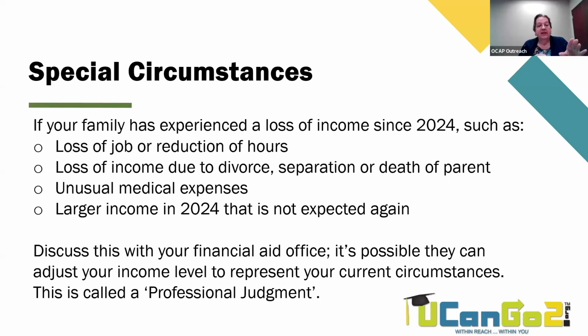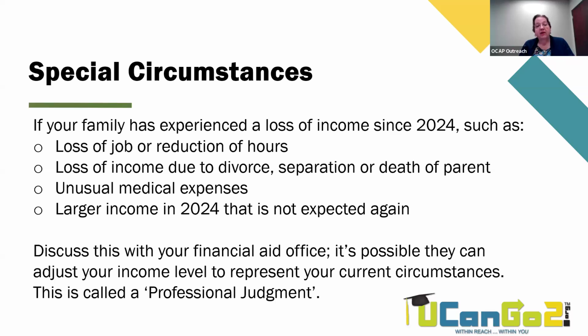But if a family has a loss of income anytime since 2024 and their current income is smaller than it was then, and you can see reasons for this listed here with the bullets, it's possible that a financial aid office could adjust those figures for income on their FAFSA. Only the financial aid office can do that. A student would not be able to. And so they can discuss that with their financial aid office.